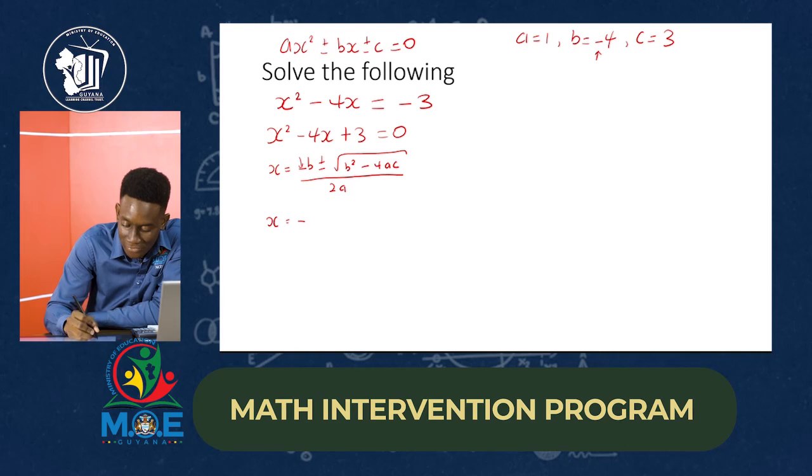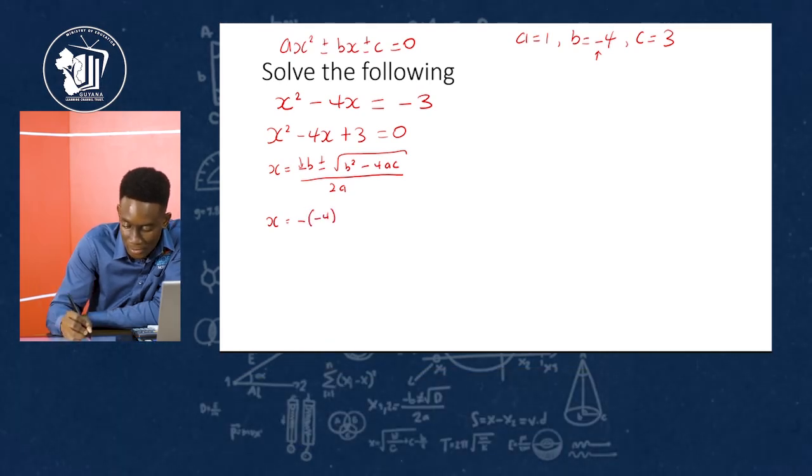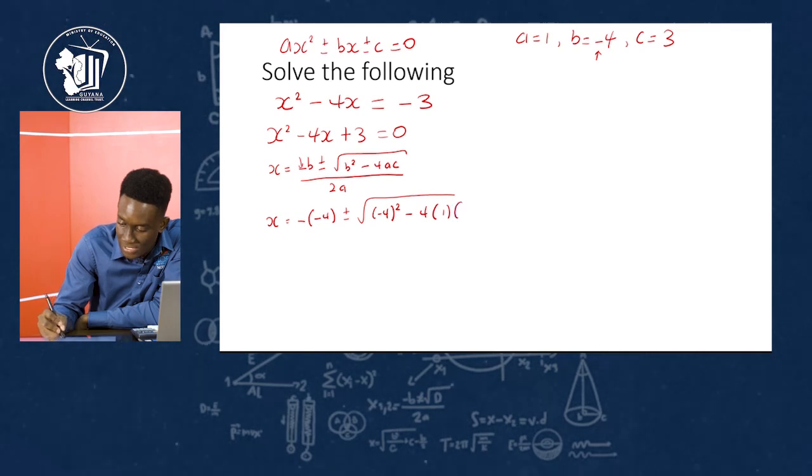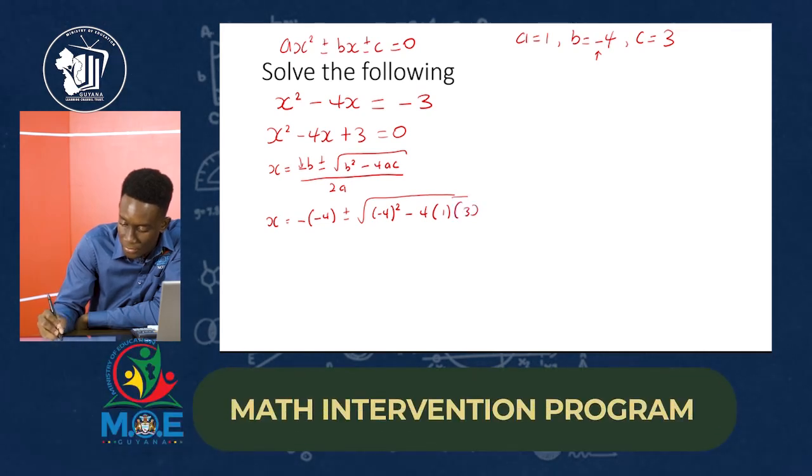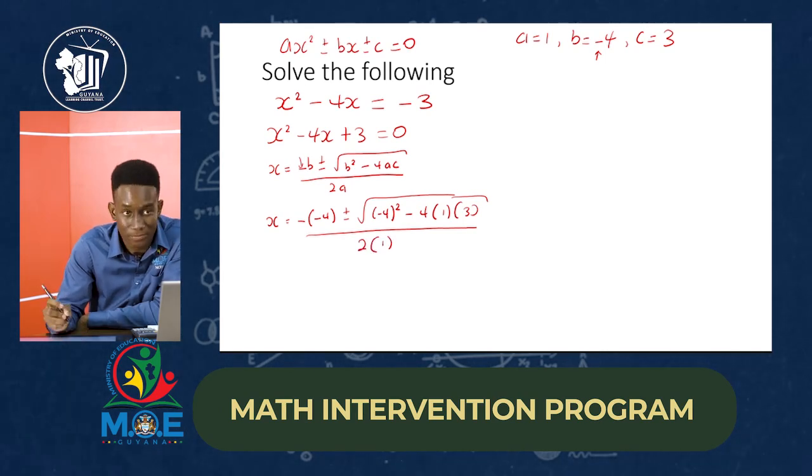So negative, and in bracket b, which is negative 4 plus or minus the square root of b squared, which is negative 4 squared, minus 4 times a, which is 1, times c, which is 3. And all of this will be divided by 2 multiplied by a, which is 1.